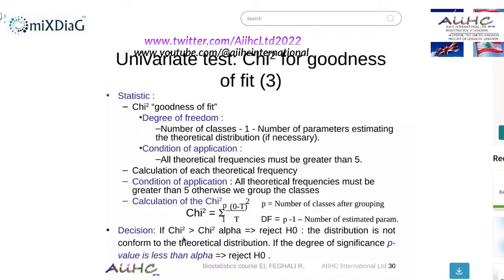Decision for the chi-square. Here you have a table of theoretical chi-squares. We compare our experimental calculated one to the theoretical one, and we decide if we reject or accept the hypothesis H0. So if our calculated one is greater than the theoretical chi-square at alpha, we reject H0, which means there's a difference.